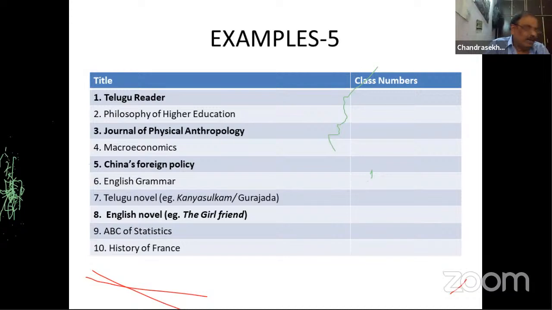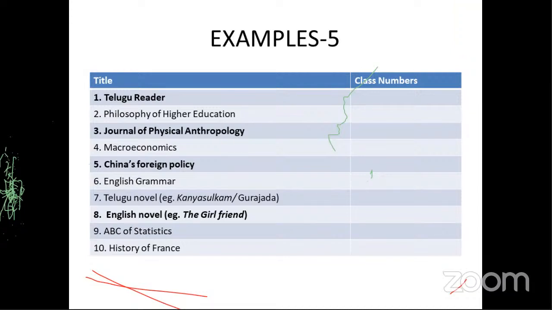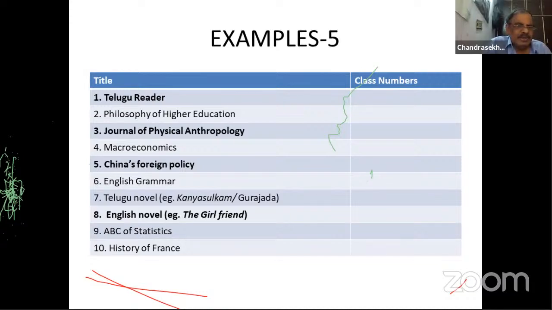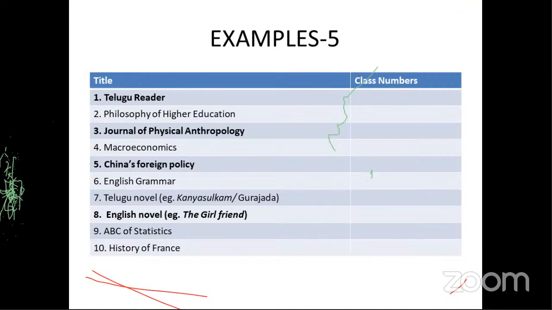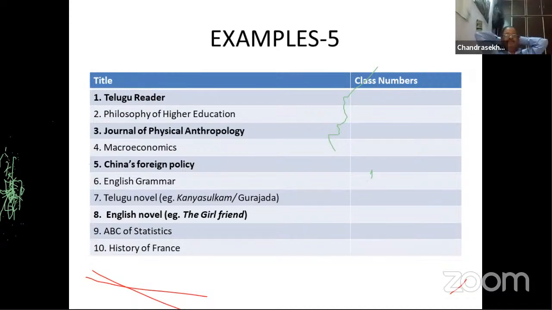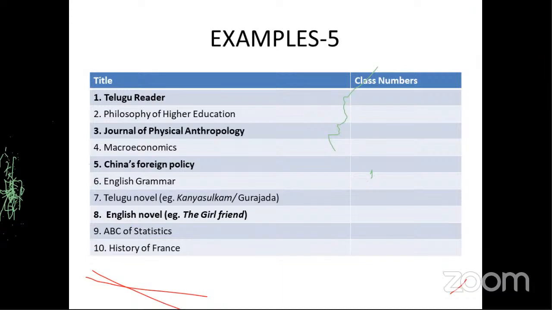Macroeconomics we have already, 339. Direct number, okay. Then foreign policy of China, China's foreign policy. 327.51, sir. 327 is international relations. So keep it in mind. International relations and foreign policy are both the same. Foreign relations or foreign policy or international relations are all the same.